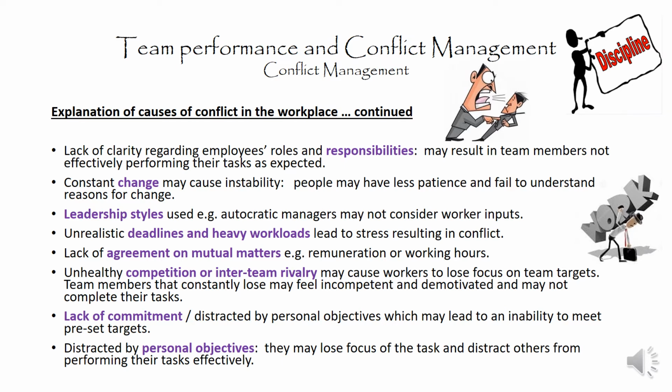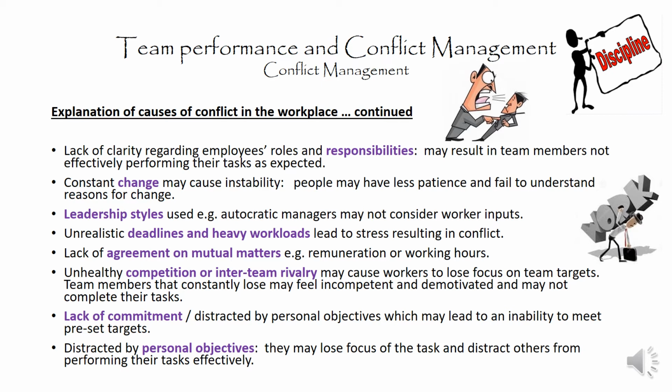Distracted by personal objectives, as I said, you lose focus on the task, and you can possibly distract others as well who are trying to do their job really well. All right, so if you, for example, are fighting with your husband, now you're at work and in your head your focus is on the fight with your husband and what you are going to say to him tonight when you see him again, and then you're texting him and whatever. In the meantime, you're at work and you should be doing your job.